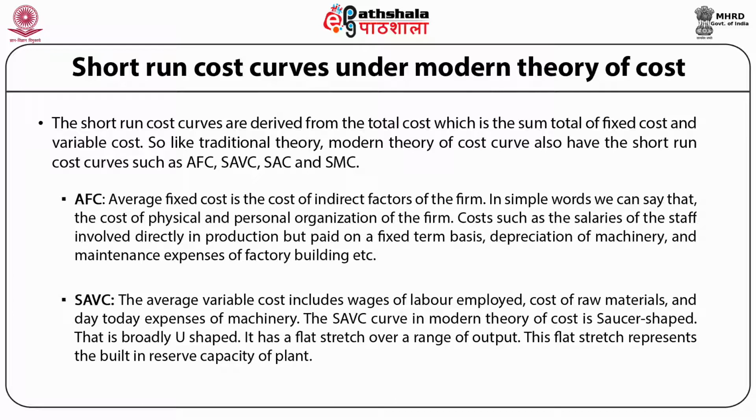The falling portion of SAVC shows reduction in cost due to better utilization of fixed factors, improvement in the skill and efficiency of labor, and less wastage of raw material. On the other hand, the rising portion of the SAVC curve shows the inefficiency of labor, frequent breakdown of machinery, and the wastage of raw material.